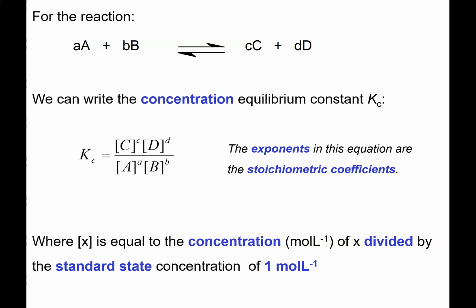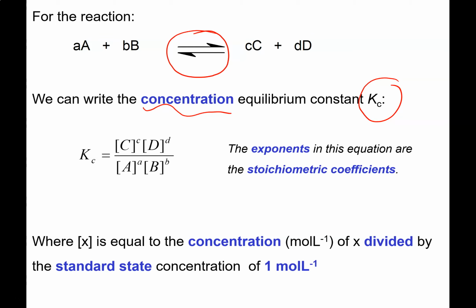For a generic reaction, a moles of A reacts with b moles of B to give c moles of C and d moles of D. If that reaction is at equilibrium, we could write what we call the concentration equilibrium constant, which we give the symbol uppercase K subscript c.